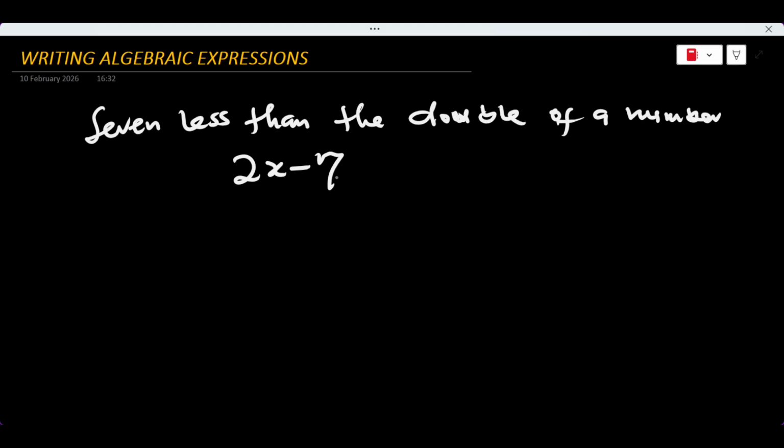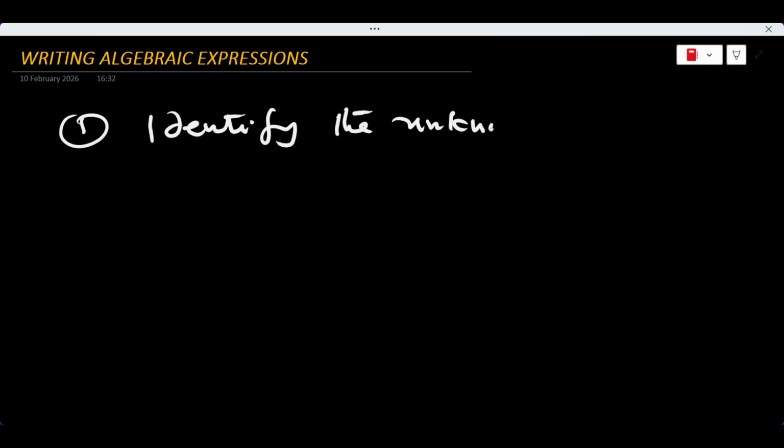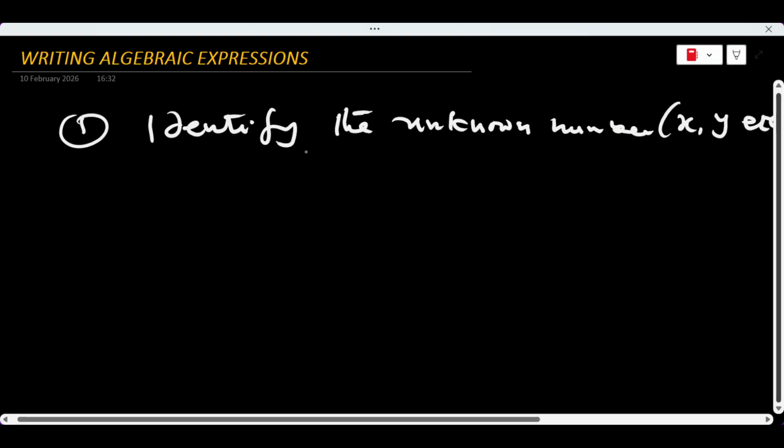So we understand that in writing algebraic expressions, you have to, first of all, 1, identify the unknown number. And then you can represent it with either x, y, or any variable at all.